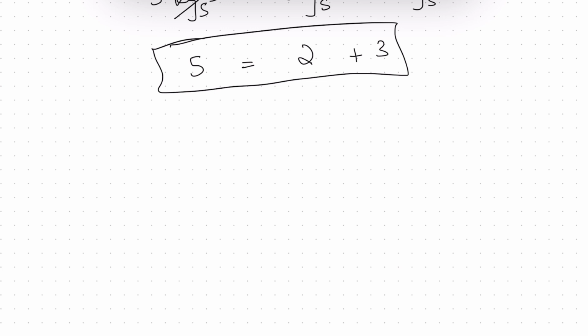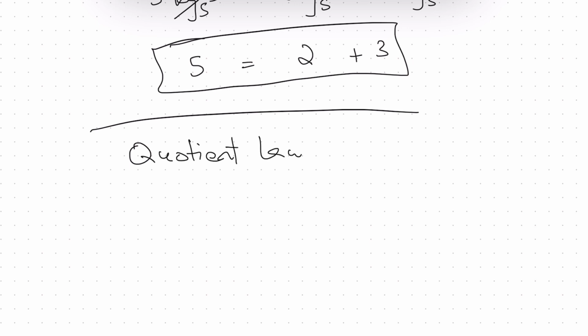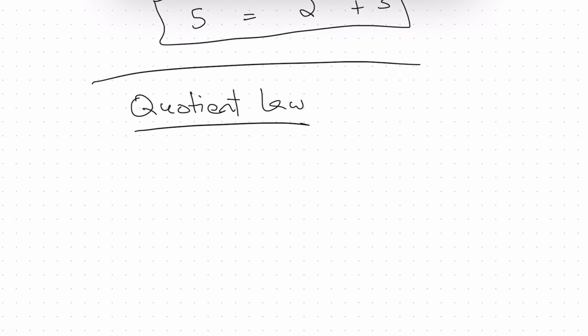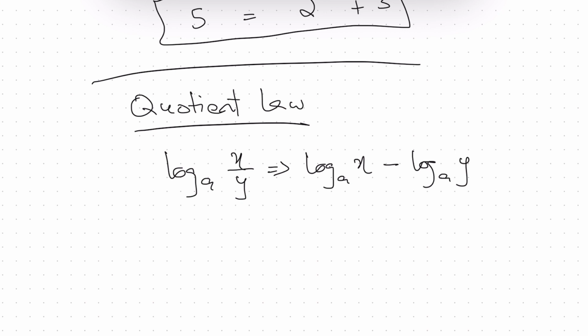Now, the last that we have is the quotient law. What this states is log a x over y is basically equal to log a x minus log a y.